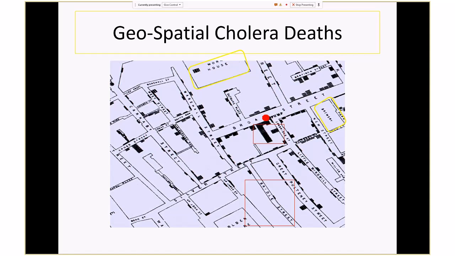And so what he does is he has his cause and effect, that being close to the water causes death, and then he has a control. Well, these are controls, or also outliers. These people were close to the water, but there were no deaths. Why were there no deaths? Because they did not use that water supply.